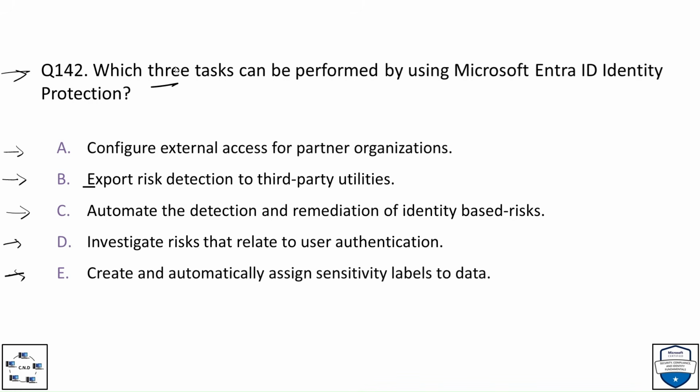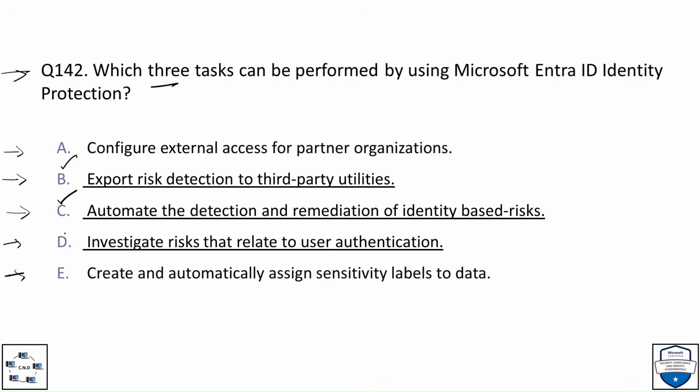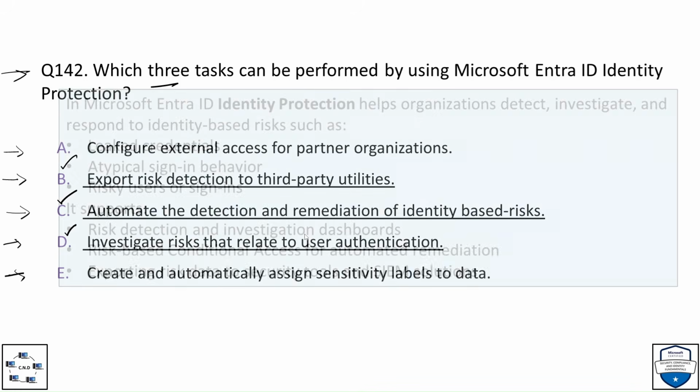So the correct options are option B, export risk detection to third-party utilities. Option C, automate the detection and remediation of identity-based risks. And option D, investigate risks that relate to user authentication.